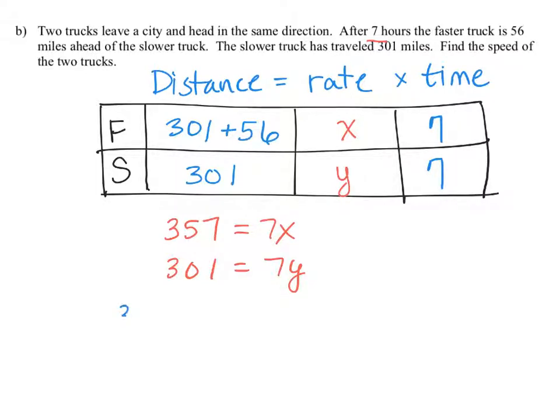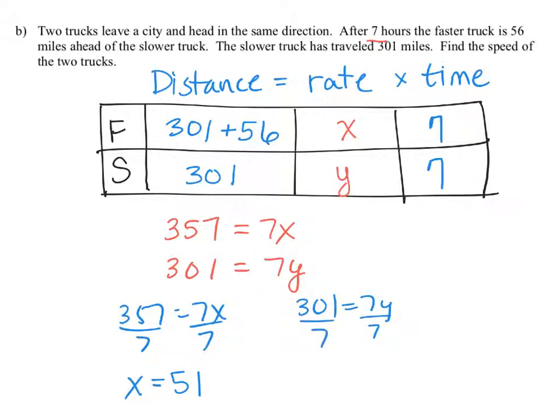Let's start with 357 equals 7x, divide by 7 from both sides, and we can see that x is equal to 51. And then take the second equation, 301 is equal to 7y, divide by 7, and we can see that y is equal to 43. Now, for word problems, you should always write your answer in terms of the words that make this solution meaningful to the problem.